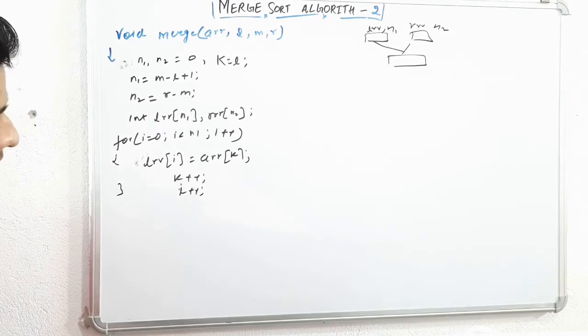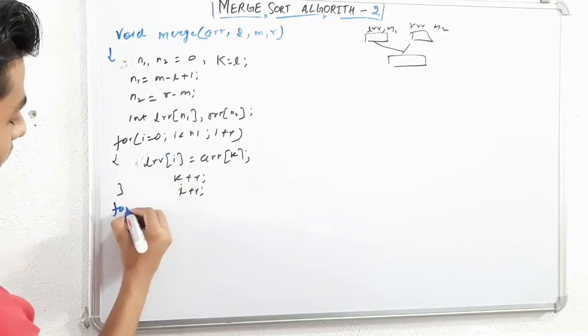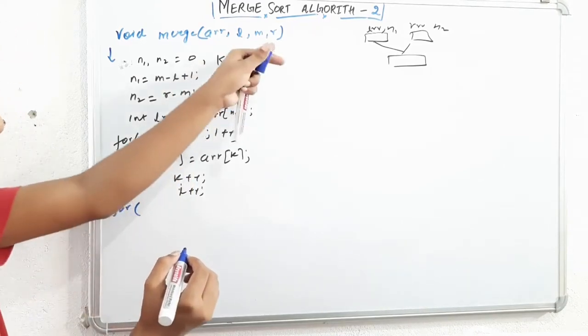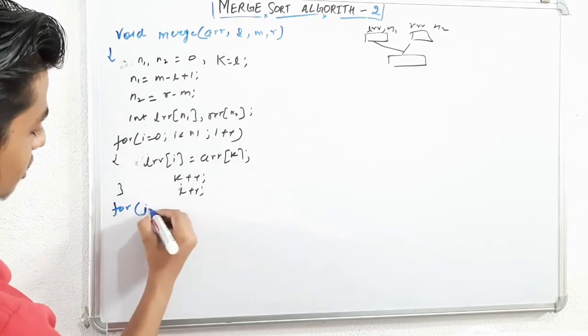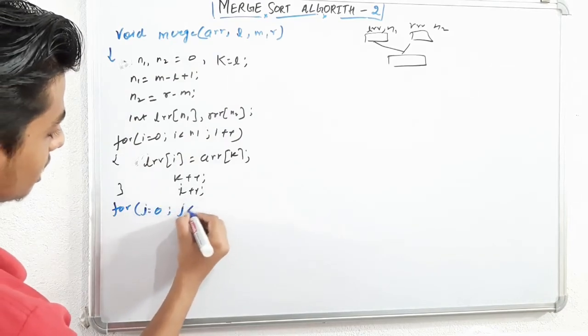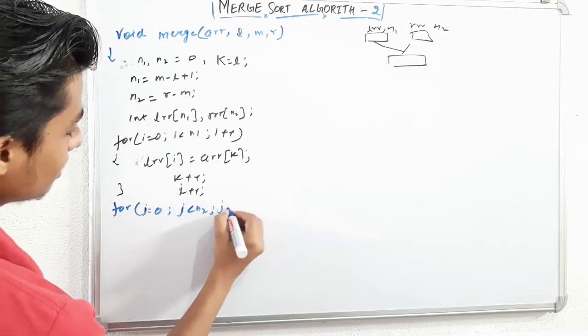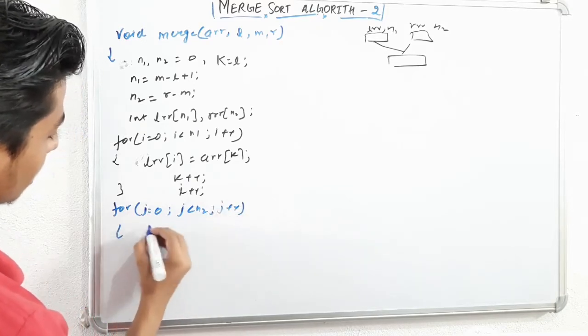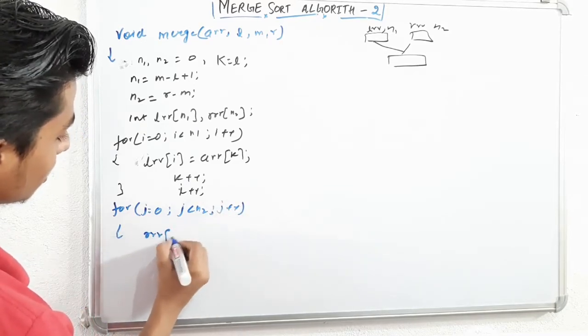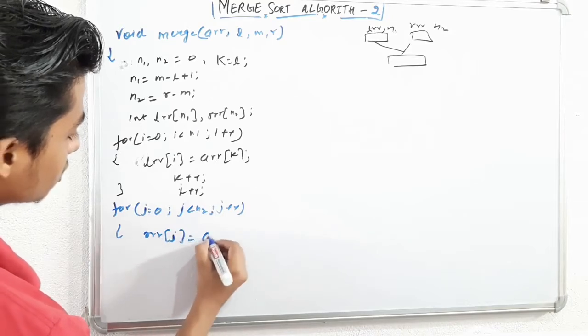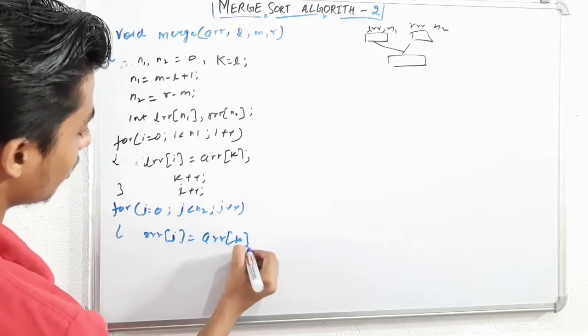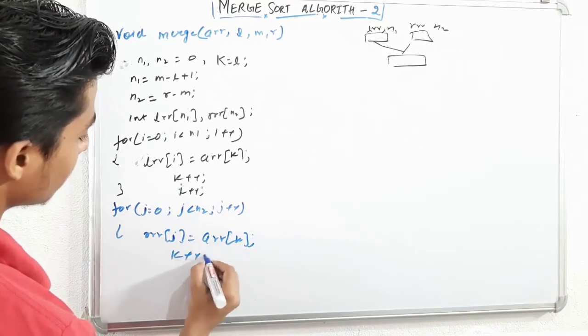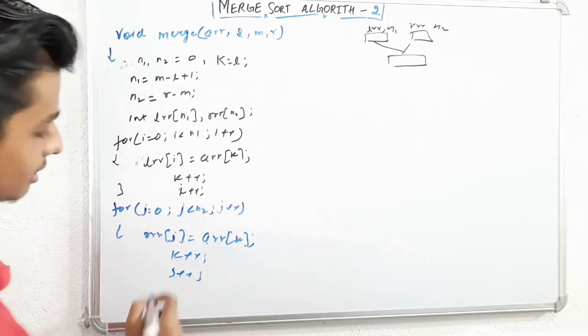Now let's write the code for copying the elements from ARR to RRR from M plus 1 to R. Let's say j equals 0, j less than n2, 0 based indexing, j plus plus. Again you do RRR of j equals ARR of k. You do k plus plus and you do j plus plus.